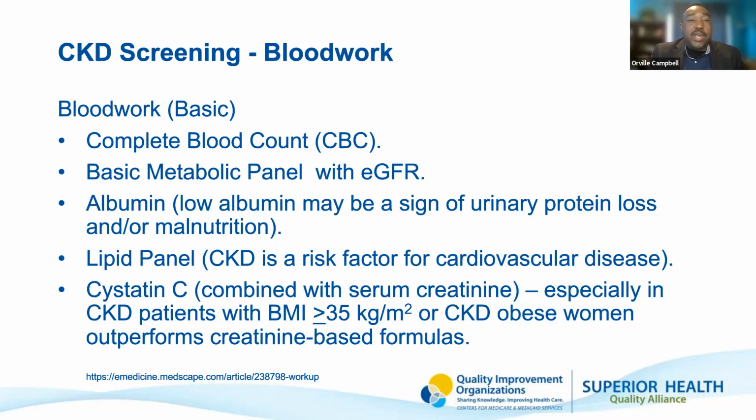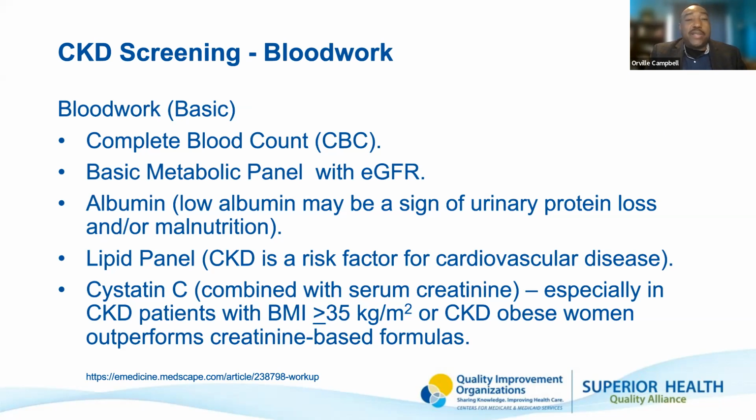Then cystatin C, which is a protein made by all nucleated cells. It is a good estimation of kidney function because it is filtered, but it's not reabsorbed or secreted. So if the cystatin C is high in the blood, that means you have a reduction in kidney function.